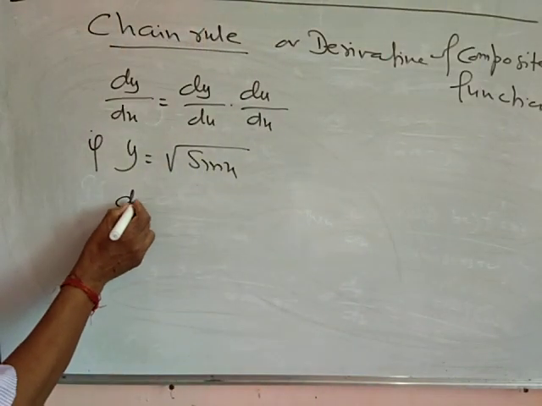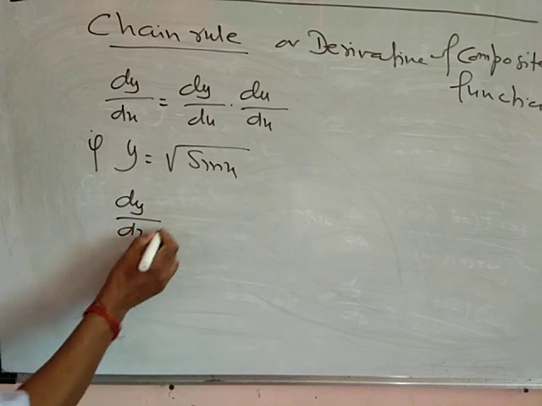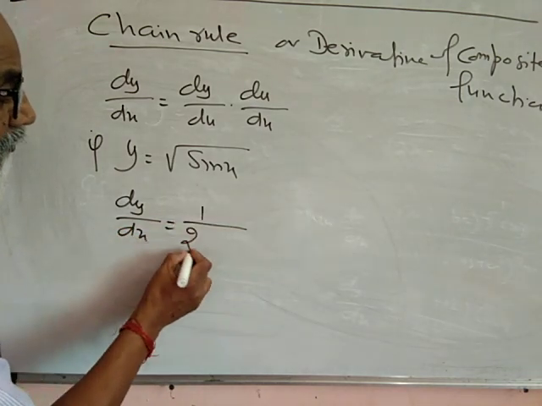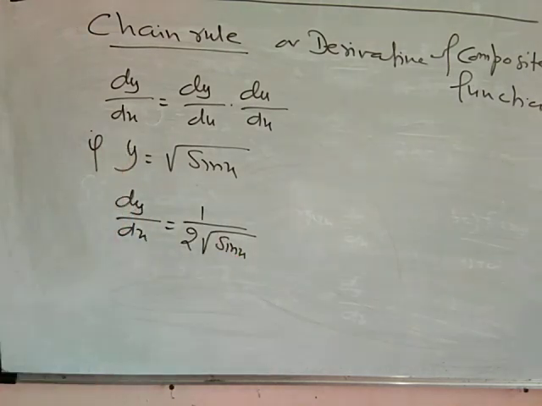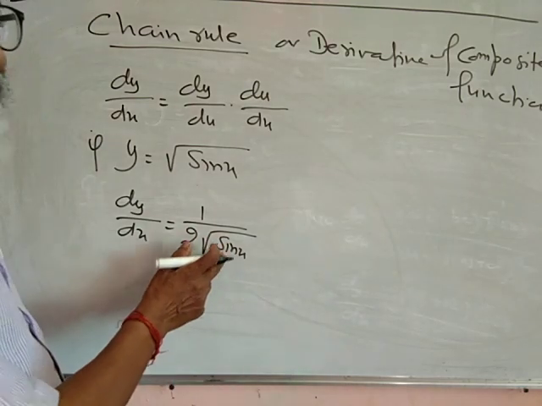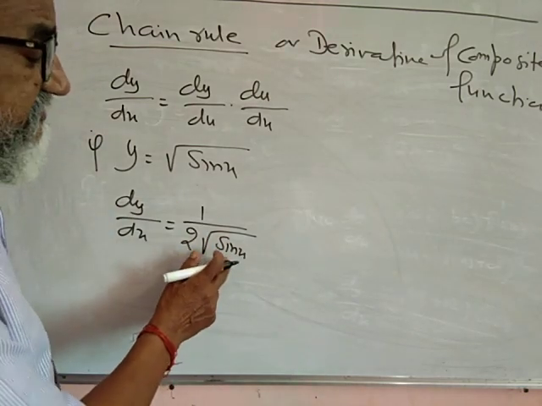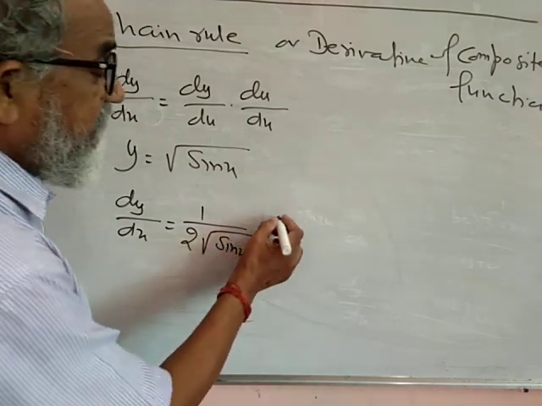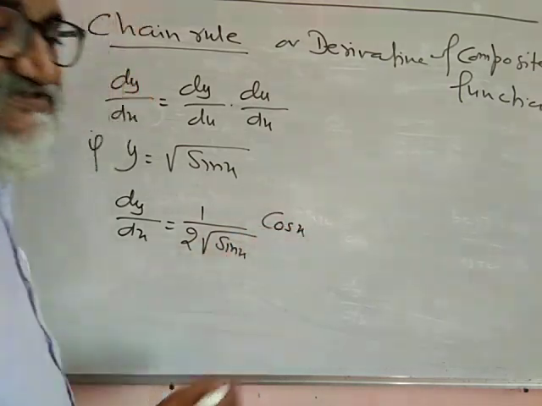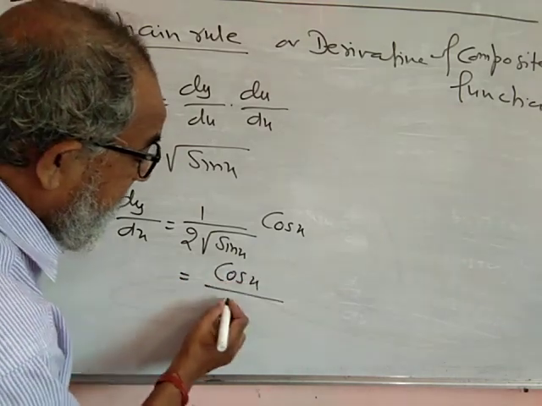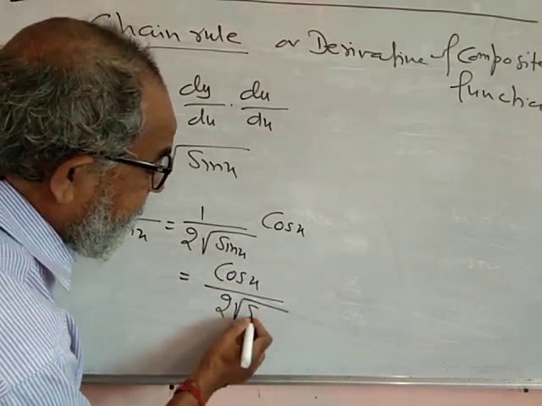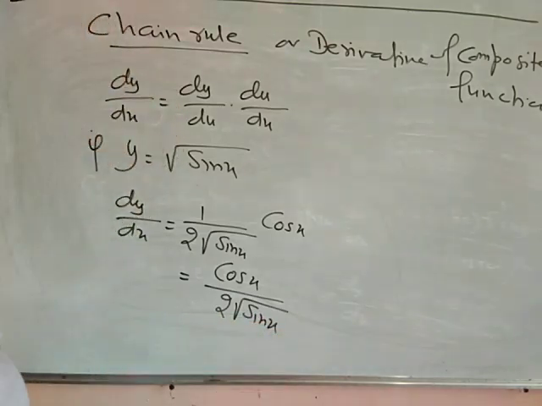So dy by dx is equal to 1/2 root sin x. So first thing we have done, we have taken the derivative of root. Now take the derivative of what is inside the root. Inside the root is sin x. So derivative of sin x is cos x. So this is equal to cos x upon 2 root sin x.